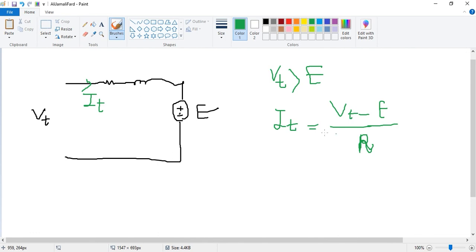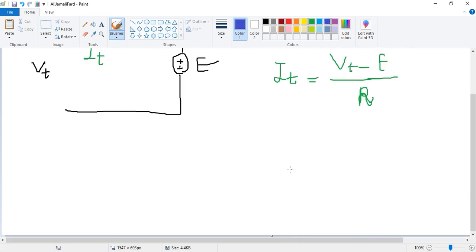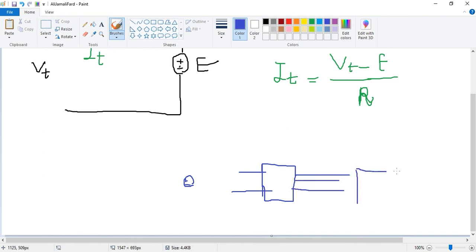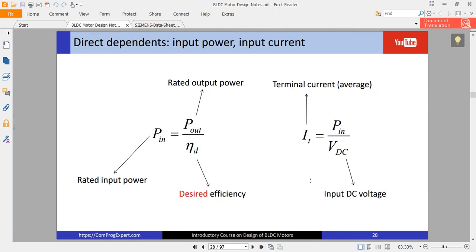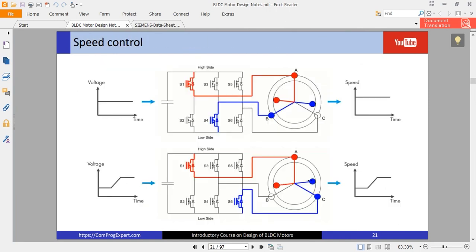So in a BLDC motor, we have an inverter here, and we have a source, and we have the motor here, a three-phase winding. What is the back EMF that we get here? Its waveform is like this.